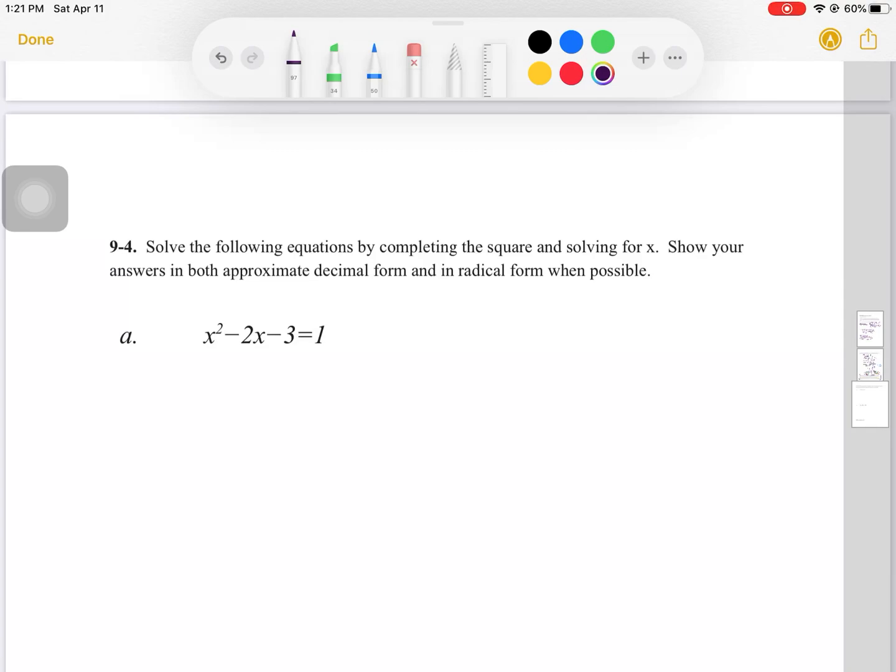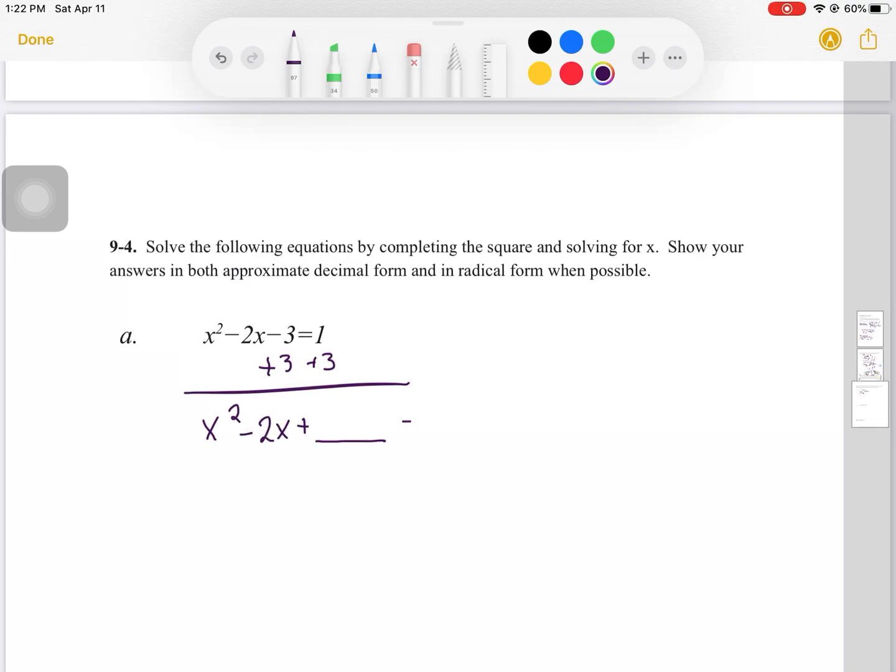So looking at this first one here, I would have to work towards completing the square. My first step would be that I am going to add 3 to both sides. And now completing the square can be used here without putting it equal to 0 first.